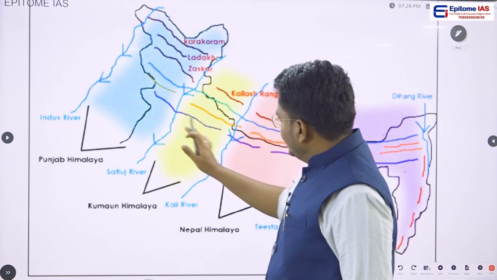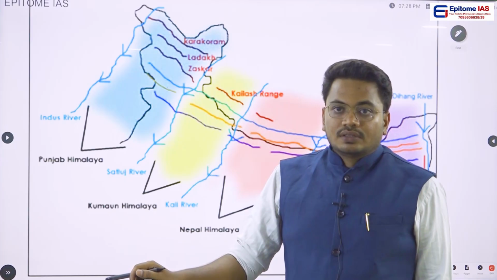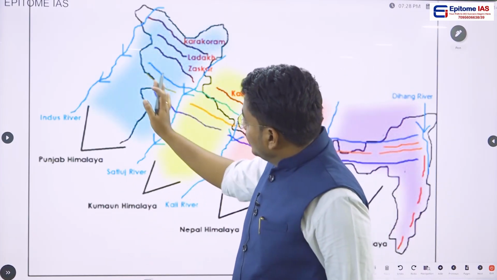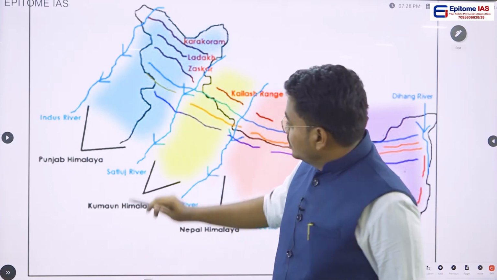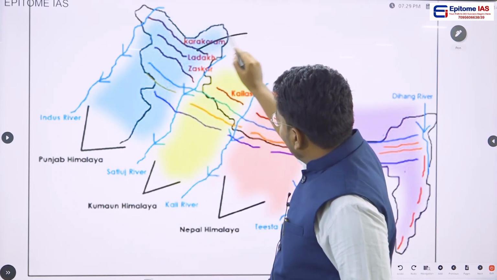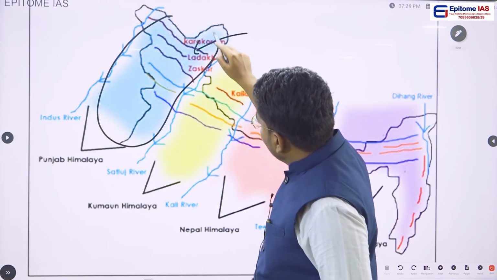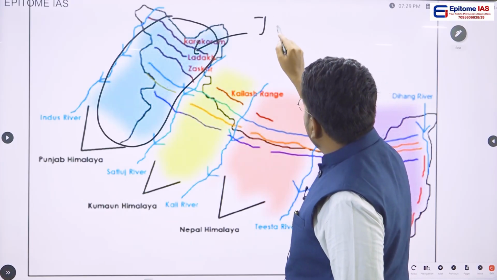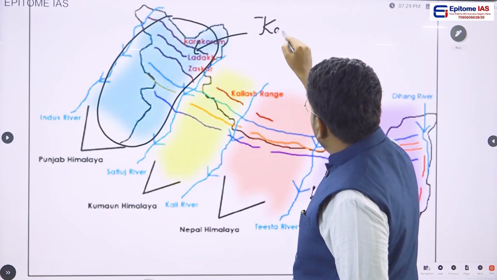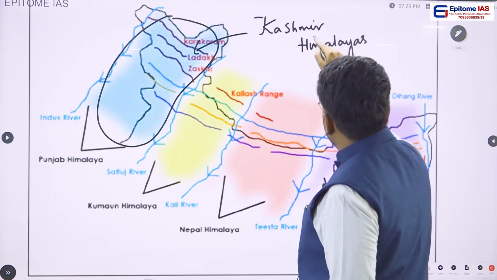Now if you see these Himalayan mountains, the Himalayan mountains which are presented to the westernmost side of India, right. So the part which was presented in this blue color, these Himalayas are called Punjab Himalayas, right, or these Himalayas are also called Kashmir Himalayas, right.